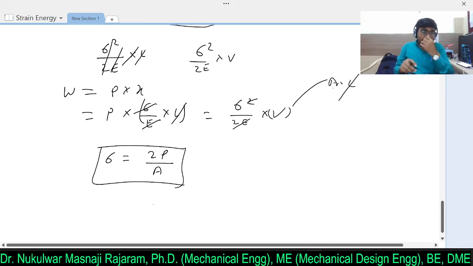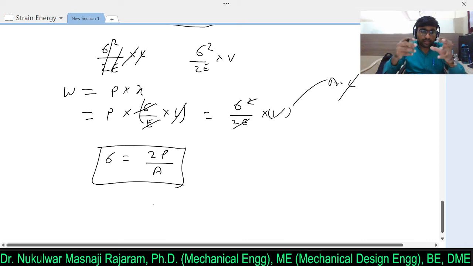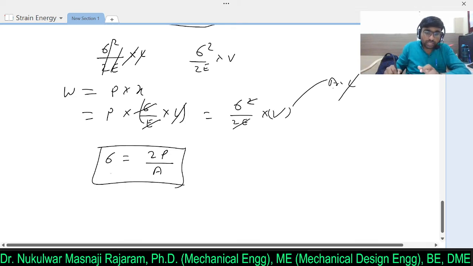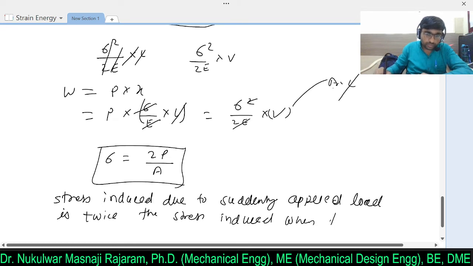So from this case, it is clear that when you compare the suddenly applied load and gradually applied load, the stress induced due to suddenly applied load is twice the stress induced when the same load is applied gradually.